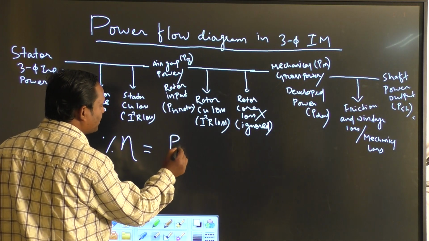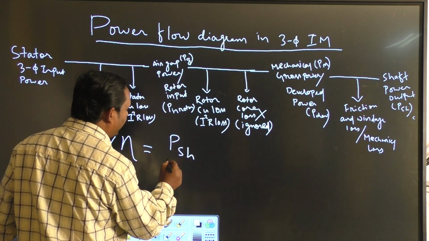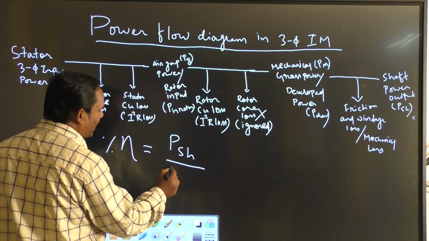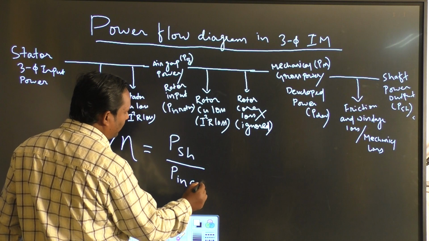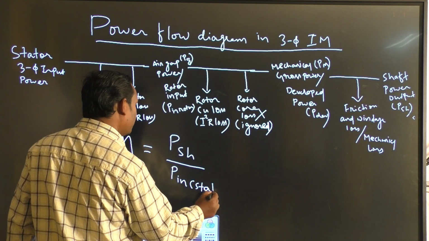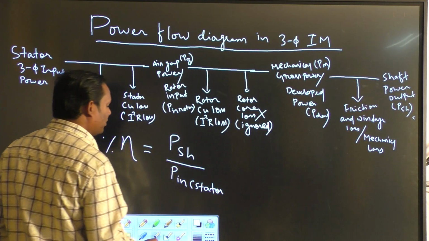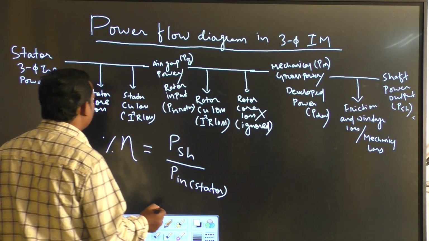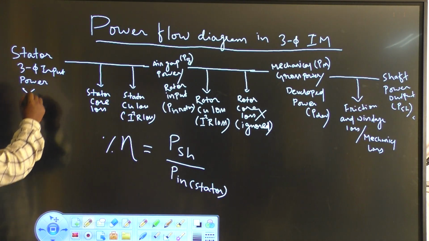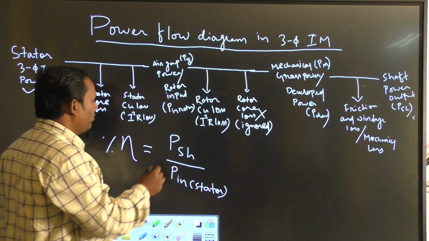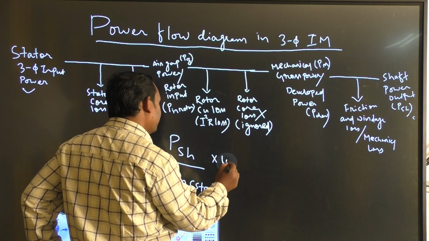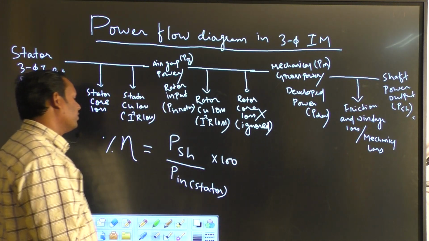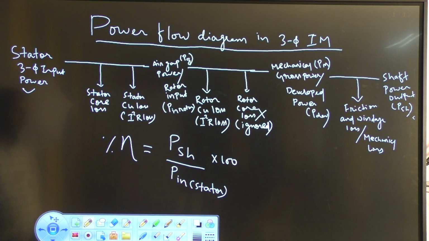The output power is the shaft power, divided by the input, which is the stator input, the three-phase power input we give to the stator. So the efficiency is P shaft divided by P input stator, into 100. This gives the percentage efficiency.